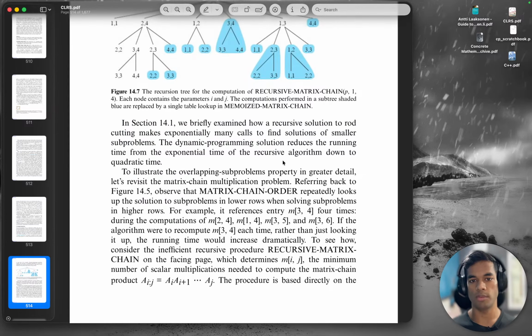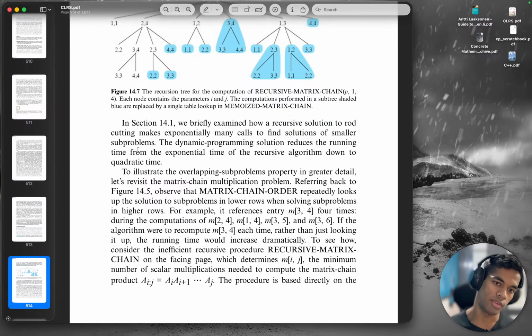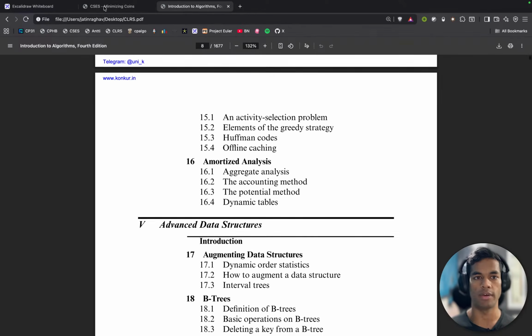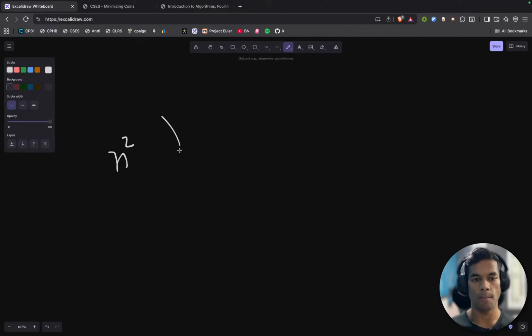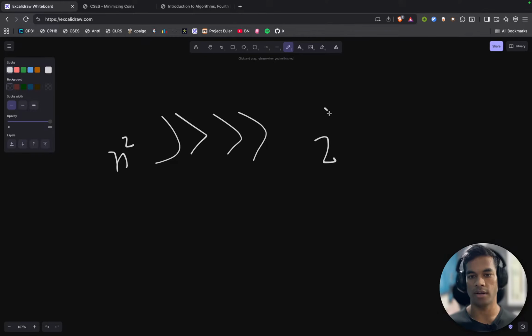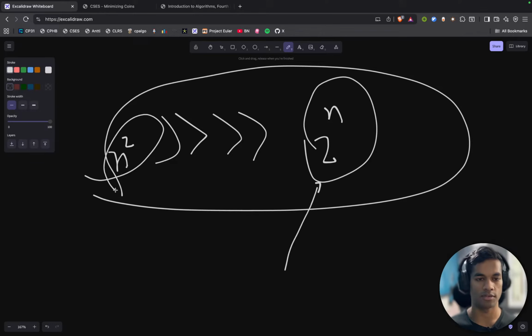The dynamic programming solution reduces the running time from the exponential time of the recursive algorithm down to quadratic time, which is n square. N square is much preferred compared to 2 power n, because that is very slow and this is very fast.